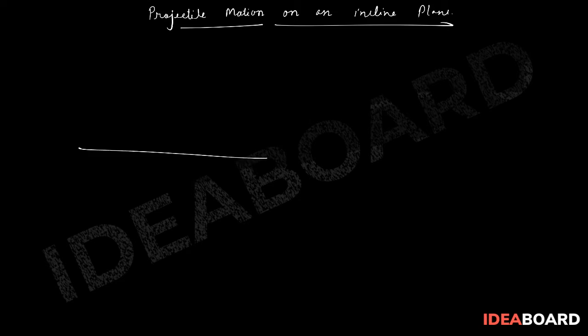Suppose that this is the horizontal, and this is the inclined plane which has inclination beta. Suppose a particle is projected at an angle alpha from the horizontal, so this total angle is alpha, with velocity u.